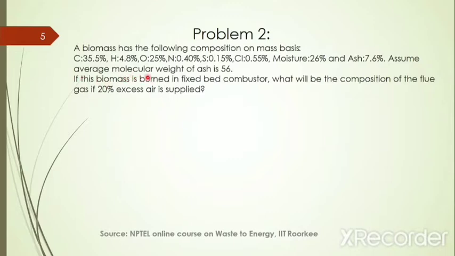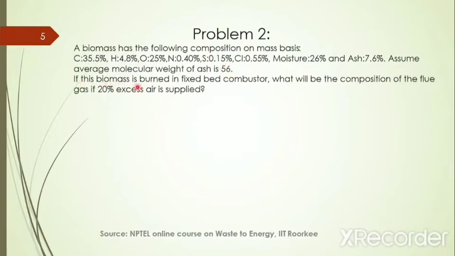Assume the average molecular weight of ash is 56. If in the question the molecular mass of ash is not given, we can take it as around 56, because the ash consists of oxides of sodium, potassium, etc., and the mass is in this range.